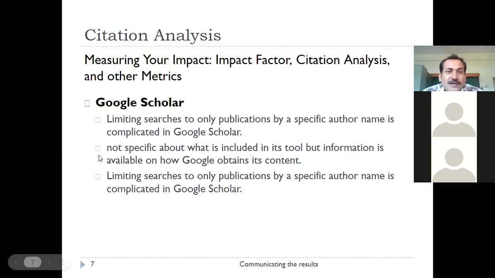Now, Google Scholar does not specify what is included in its tools, but information is available on how Google obtains its content. Meaning it doesn't say where it takes the information from. For example, in Web of Science and Scopus, they will see the citation.